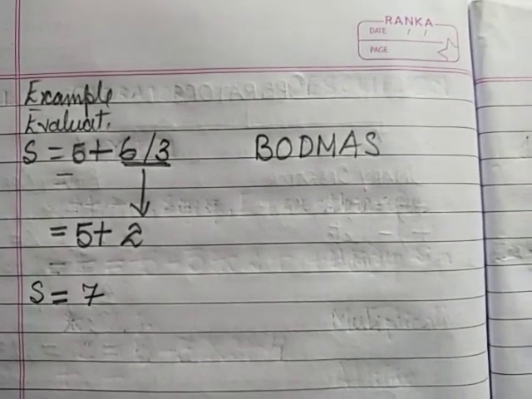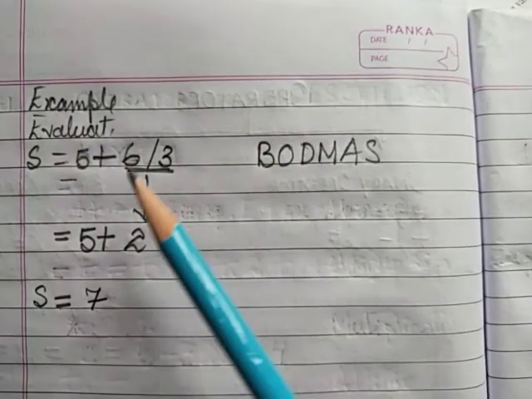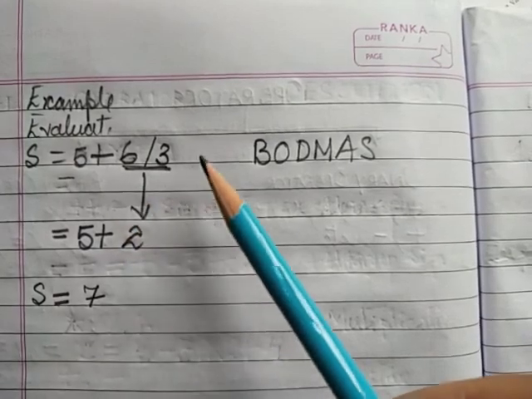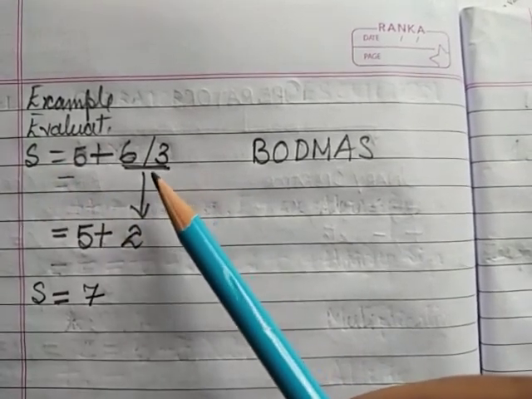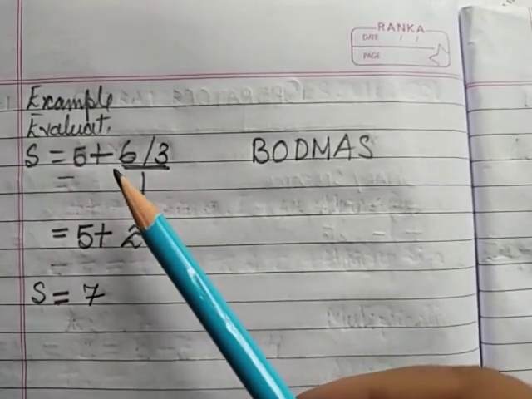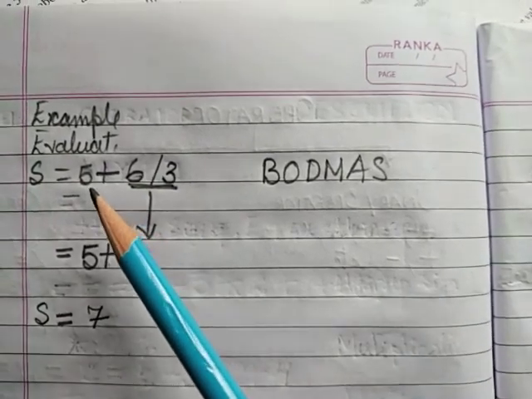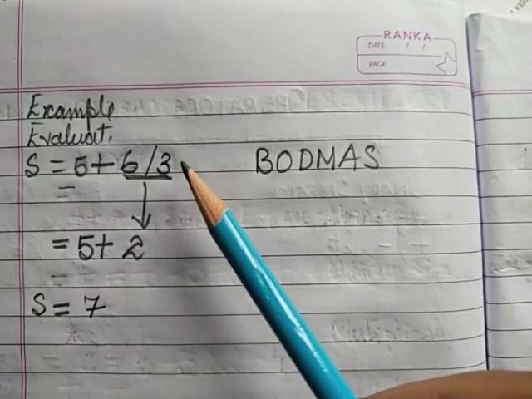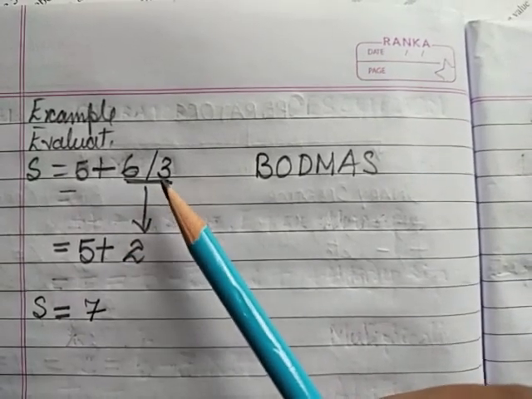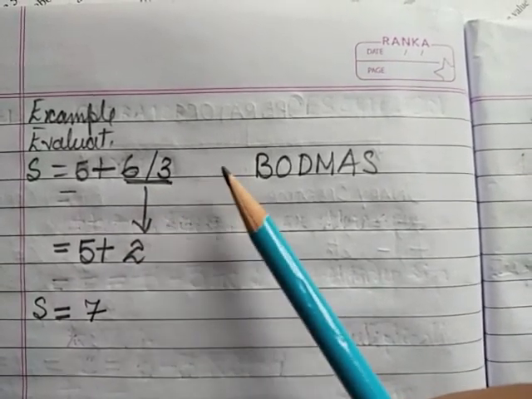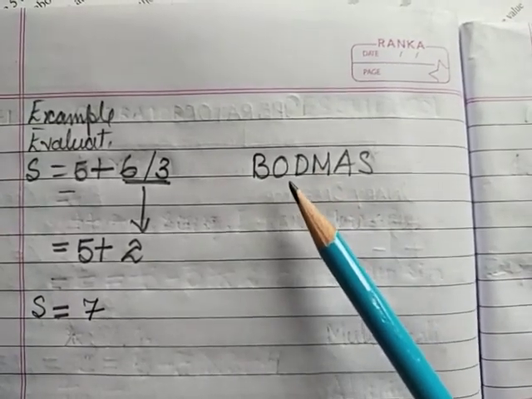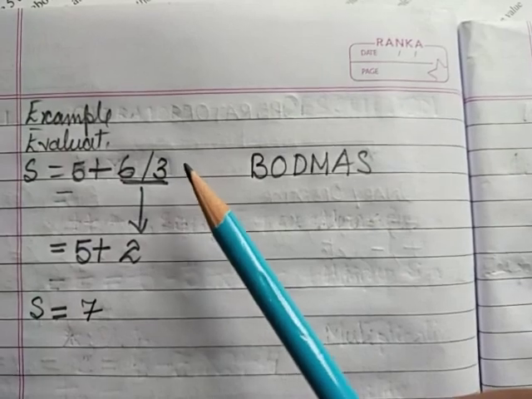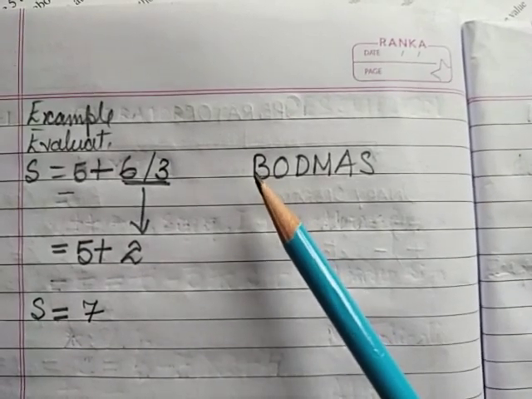Let's see about maths. Same thing in maths, we have so many operators. So how do we evaluate this type of expression where we have multiple operators or multiple symbols? For example, over here I have 5 + 6 / 3. To evaluate this expression in maths, we follow the formula BODMAS. First, we check whether our expression has a bracket or not.